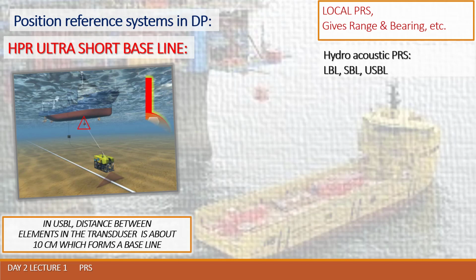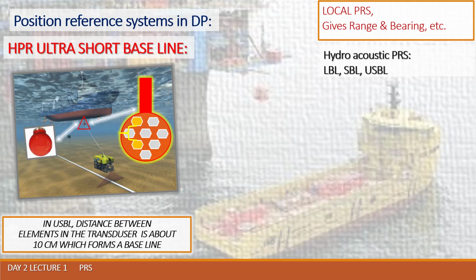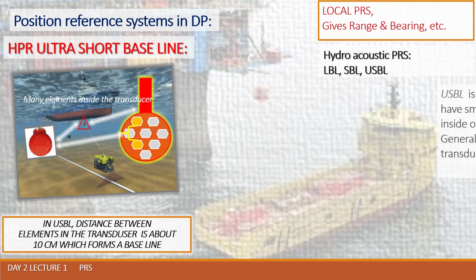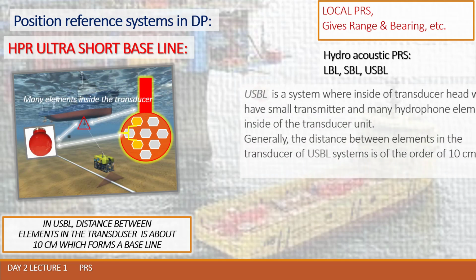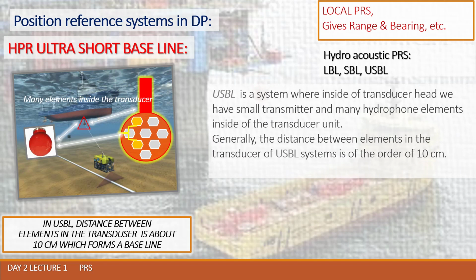USBL is a system where inside of the transducer head we have a small transmitter and many hydrophone elements inside of the transducer unit. Generally, the distance between elements in the transducer of an ultra-short baseline system is, as I said, less than 10 centimeters. But in modern generation systems, we have extremely small distance between each single element.